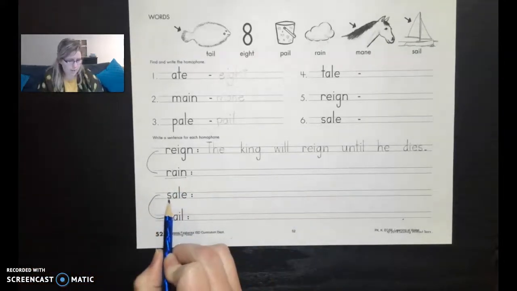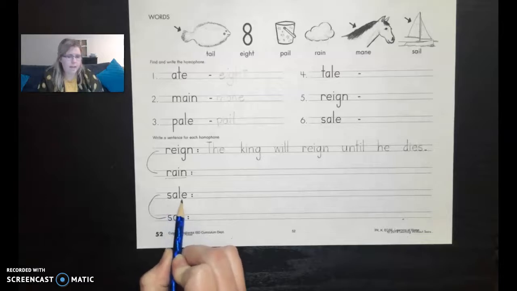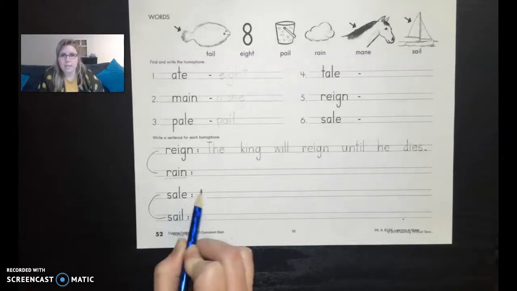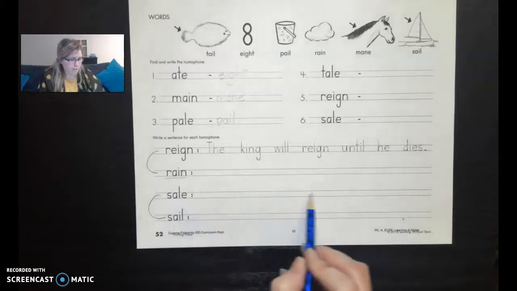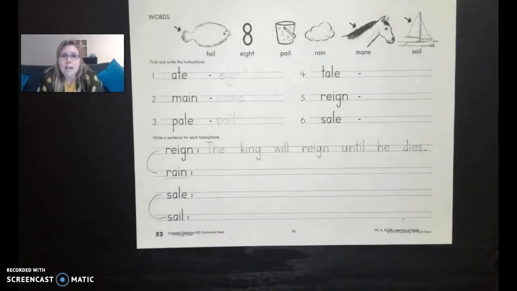Now here we have S-A-L-E, sale. This is when something is on sale, a discount. So what could you write that uses the word sale? Maybe you could say something like, the toy is on sale. That would work. Did you have another idea?